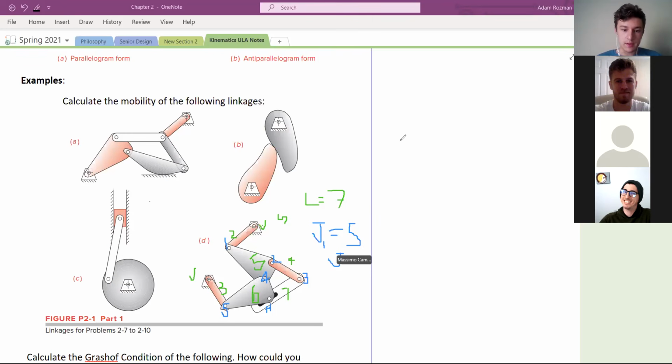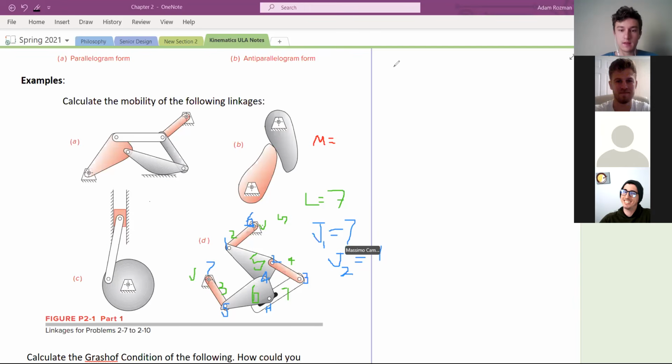Okay. I think you're missing a couple full joints here. Look at the ground connections. Oh, yeah. 5, 6, 7. Sorry. No problem. And that becomes 7.